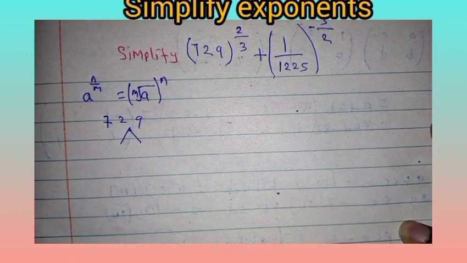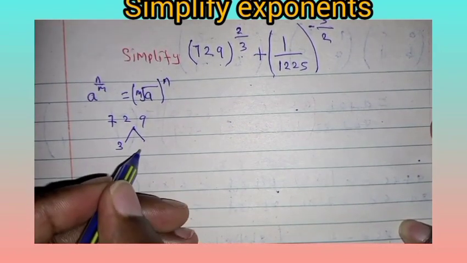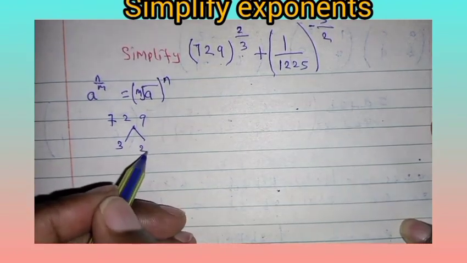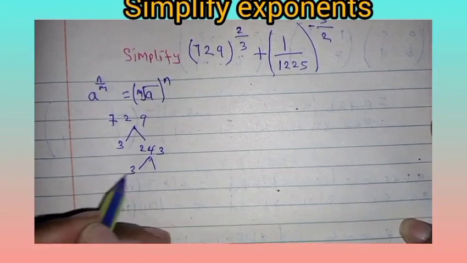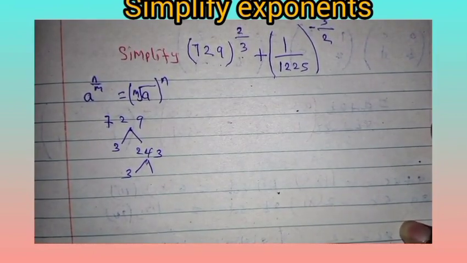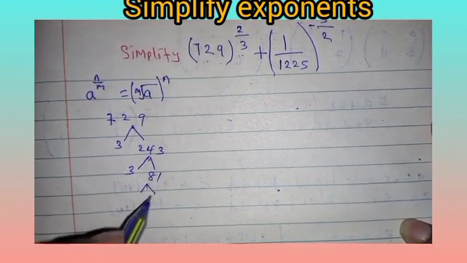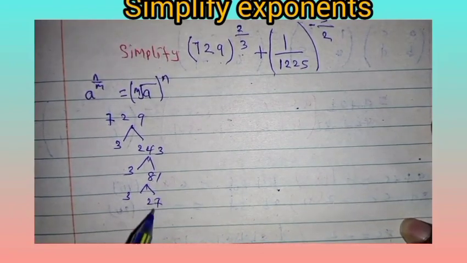729 is not divisible by 2, but it is divisible by 3. So 729 divided by 3, you are going to get 243. 243 divided by 3 will give you 81. 81 divided by 3 will give you 27.